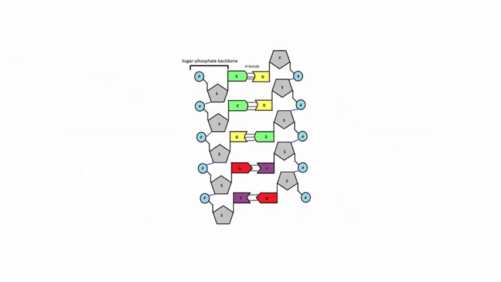So what we're seeing right here is what happens when all of these nucleotides are connected together. The nucleotides themselves are going to get connected by bonds that we call phosphodiester bonds or phosphodiester linkages.